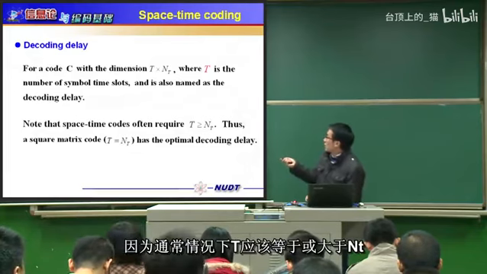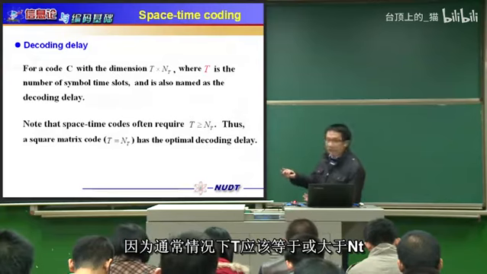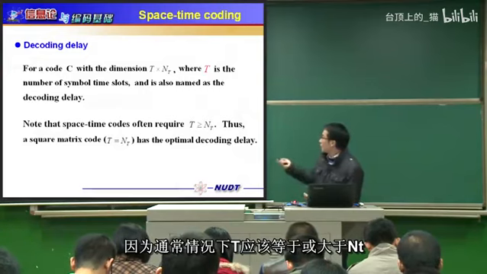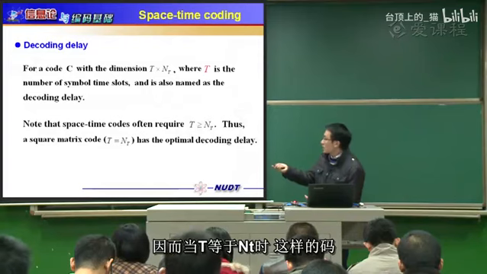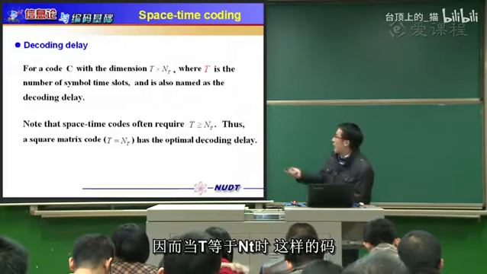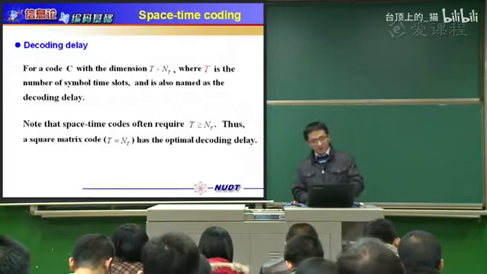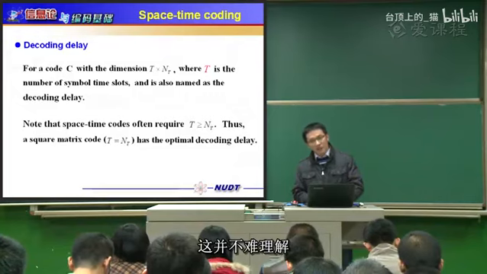Because usually T should be equal to or more than NT, and in the case T is equal to NT, such a code has the optimal decoding delay. It is not hard to understand.